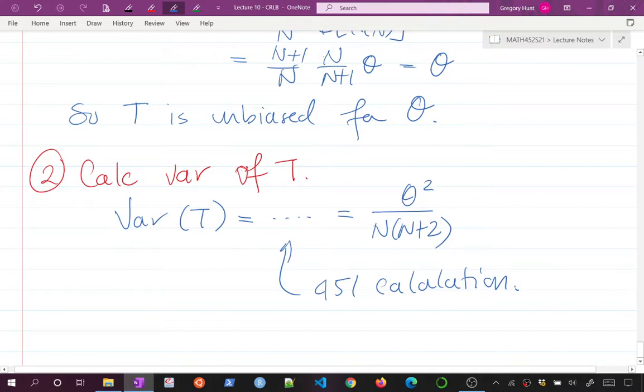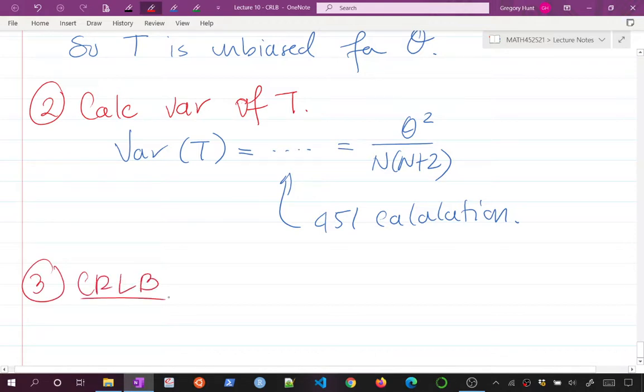It's actually not so bad. You can show that T is related to a beta distribution, and that's where you get that variance from. If you took 451 with me, I would have derived that beta distribution in one of the very last lectures. Anyways, the variance of this thing is theta squared over n times n plus 2.